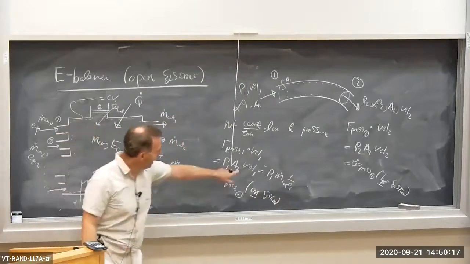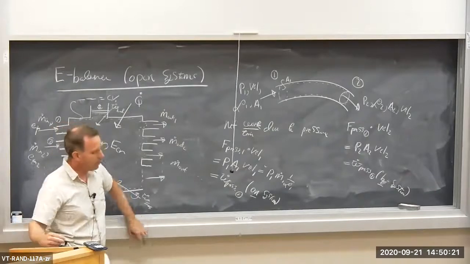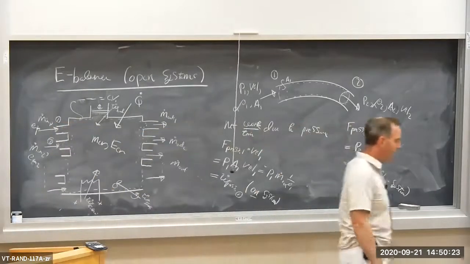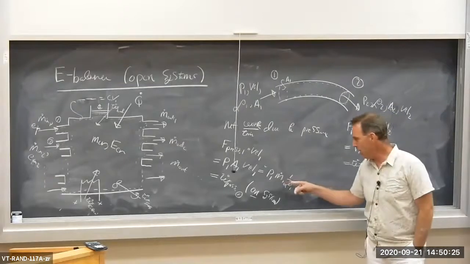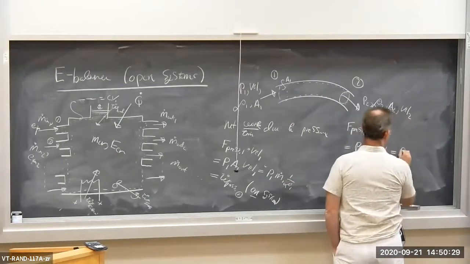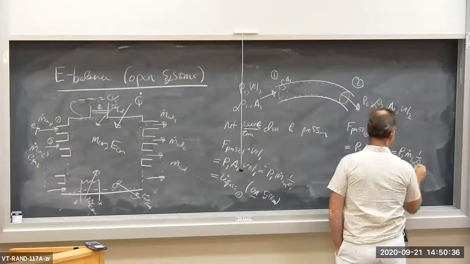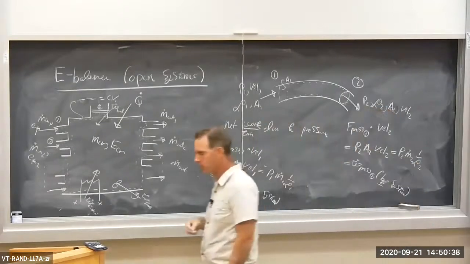So I divided and multiplied this term by density at the inlet. Area times the velocity gives me an m dot. So I get m dot 1 over density. Same thing over here. P2, m dot 2, 1 over density rho 2. Okay?